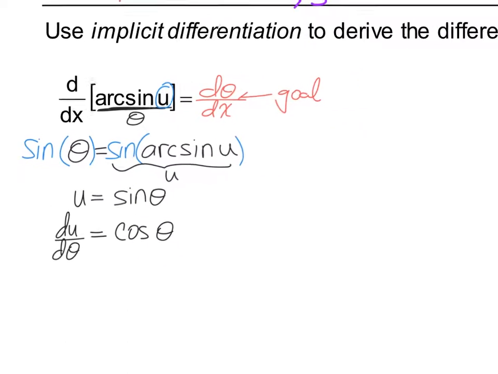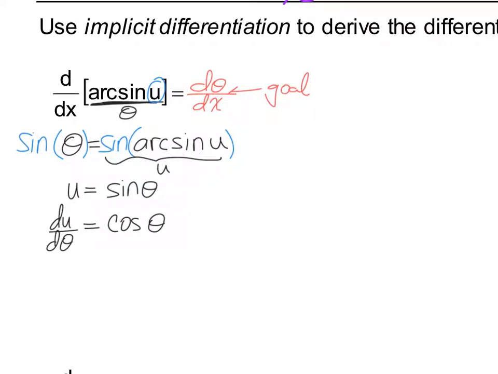All right, the rest of this process is actually just going to boil down to the idea that I need to somehow make that du d theta into a d theta dx, which is kind of a weird thing to think about, but it's very doable. Looking at my expression compared to what I want, the d theta is on the bottom and I want it on the top.